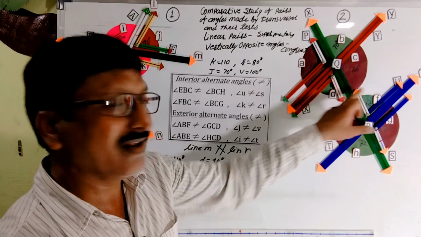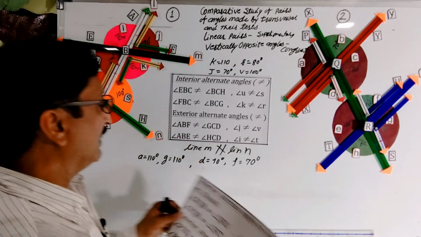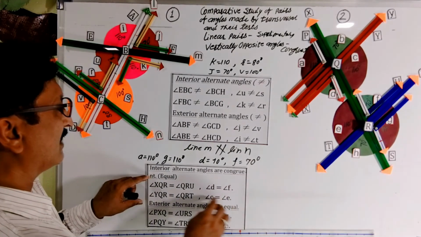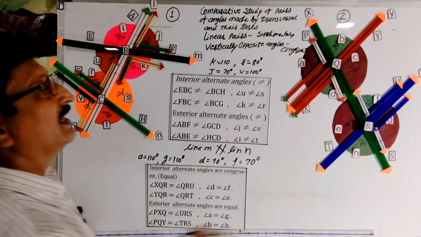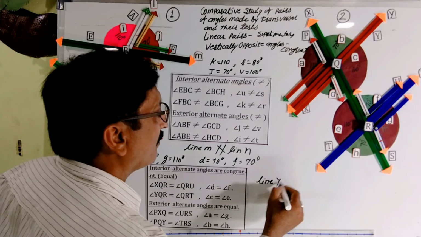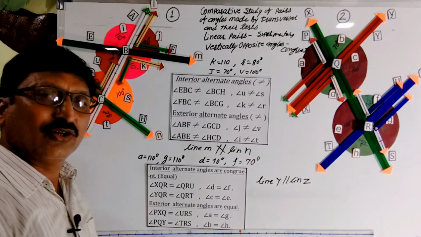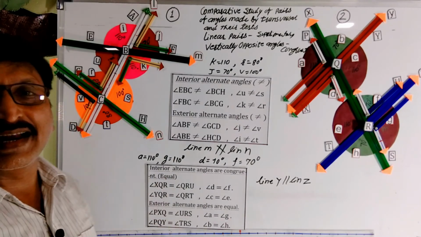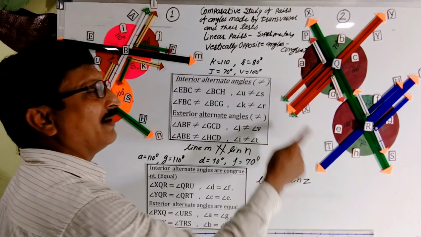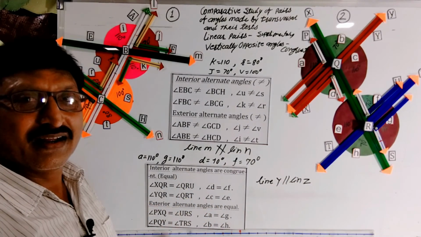Similarly, interior alternate angles are congruent, and hence we can say that whenever the interior or exterior alternate angles are congruent or equal, then line Y is parallel to line Z. This is the test of alternate angles. And what is the converse of this? Whenever the lines are parallel, then interior or exterior alternate angles are congruent.